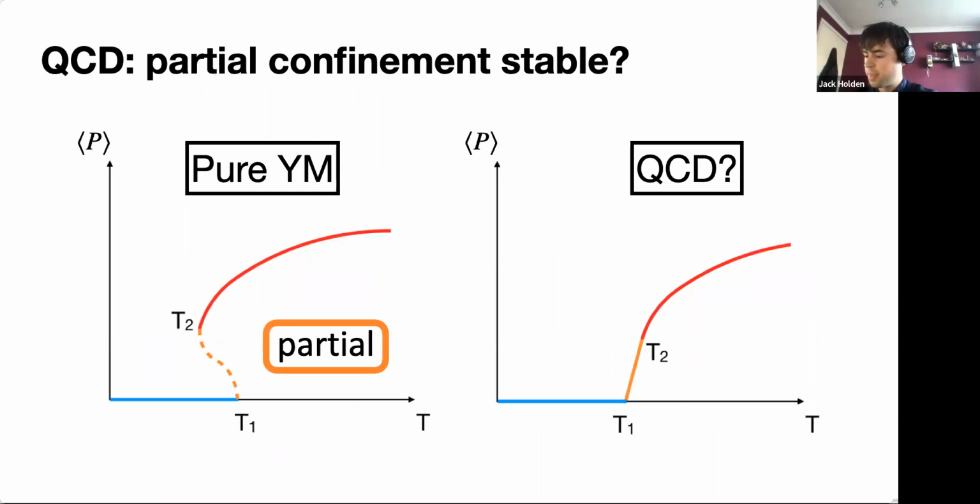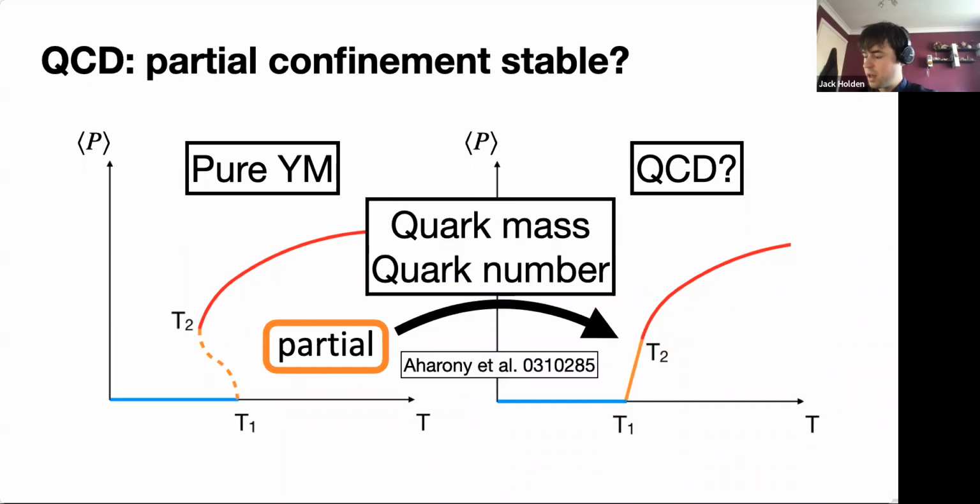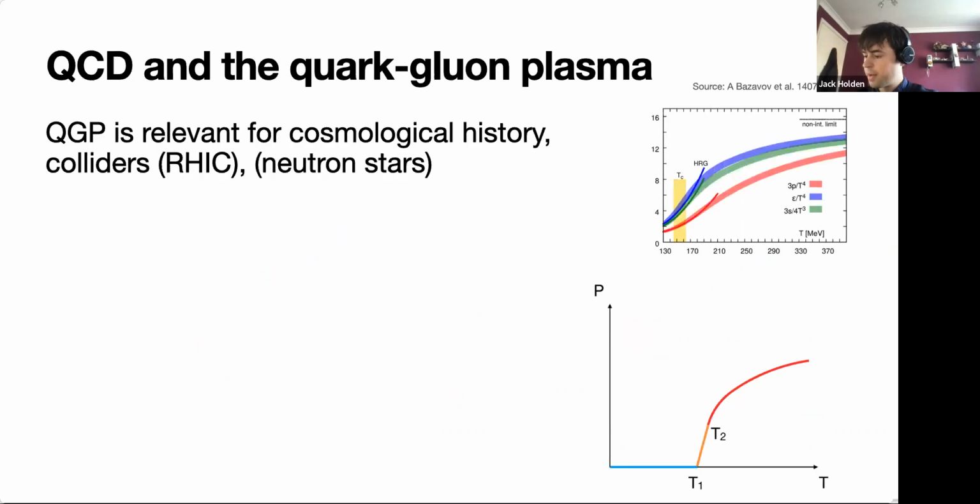But it's known that pure Yang-Mills is a first order transition. So how could we get this kind of situation for QCD? And again, we use the results of Aharony and his collaborators that by adding quark mass or number of quarks, we can go from a situation with an unstable saddle to one with a stable saddle.